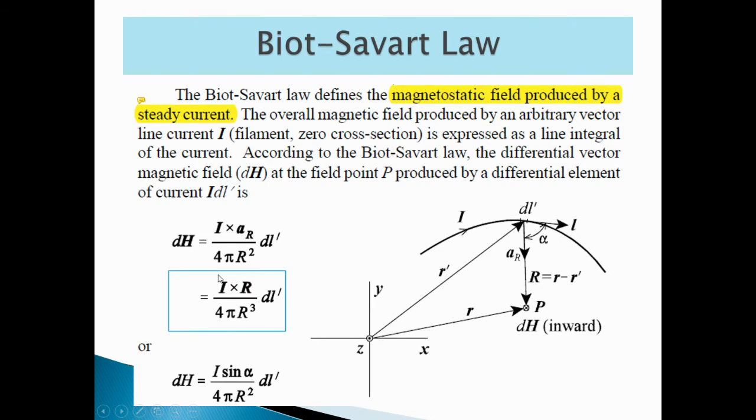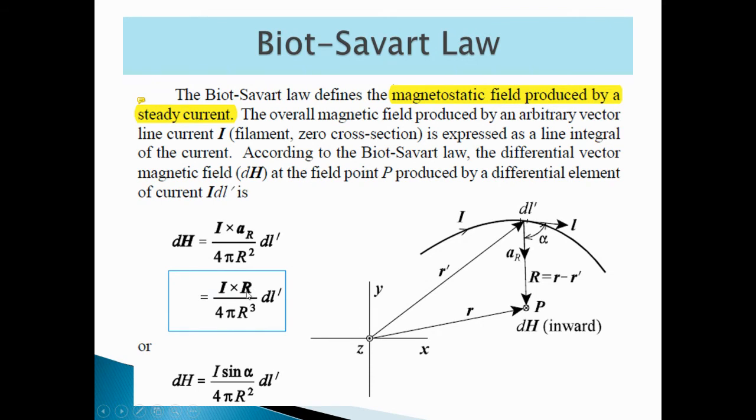This equation comes from a few lectures ago, but I don't want you to go so deep inside this one. You just need to learn that I dl has a cross relationship, not a dot relationship, because the magnetic field will always follow the cross.